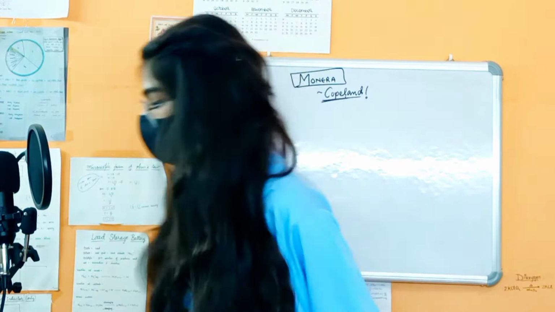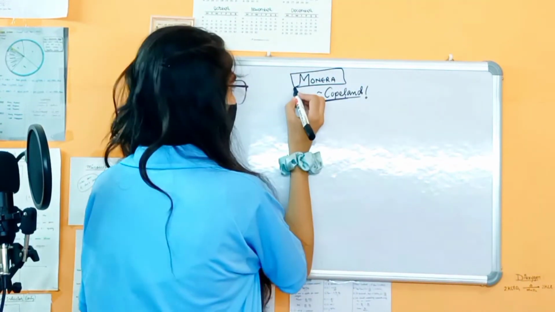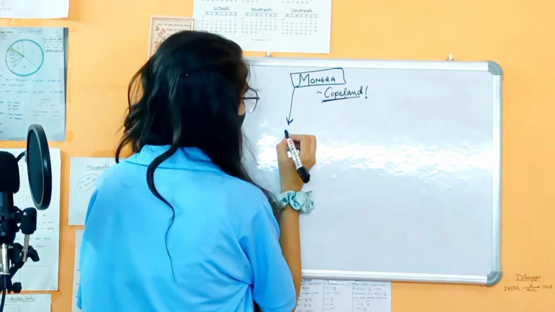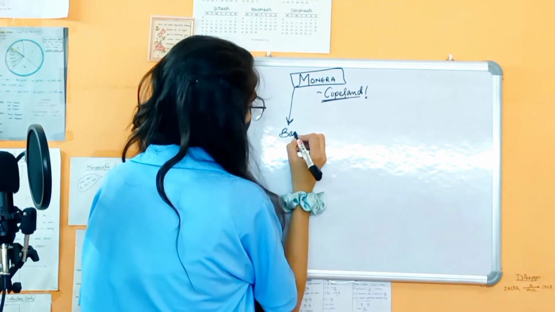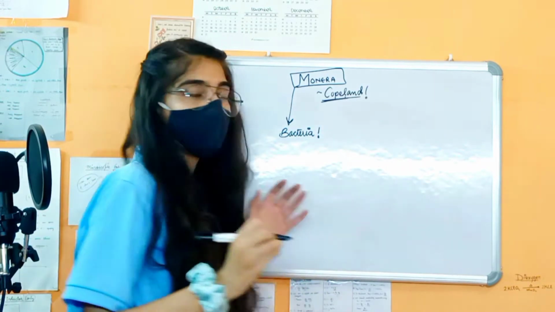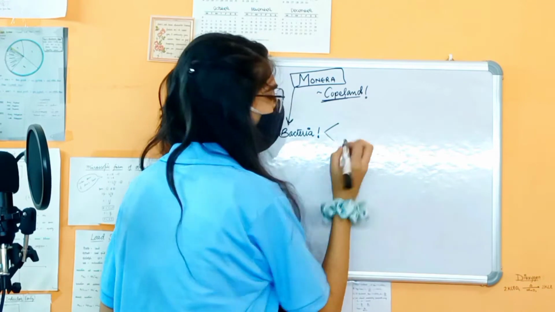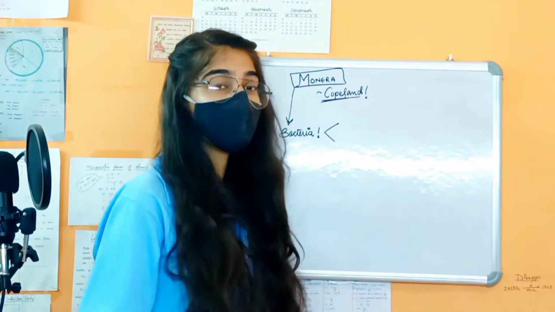The sole members of monera are bacteria. All the bacteria come under monerans. These bacteria are divided into two parts, which we are going to study further in more detail.